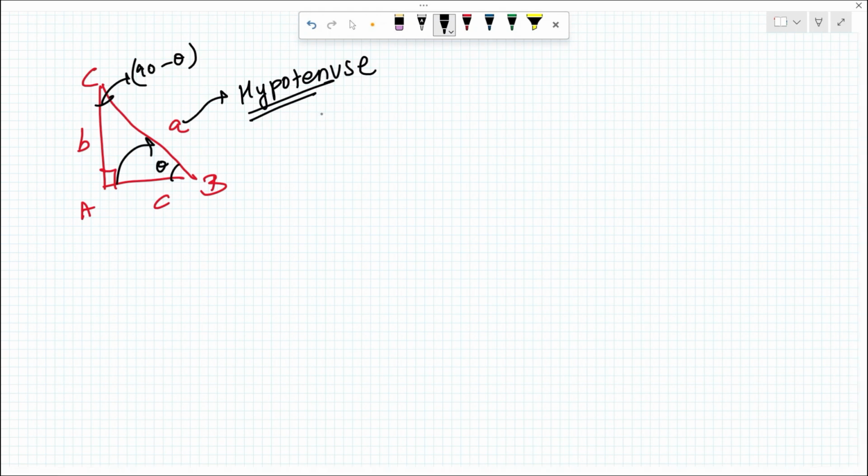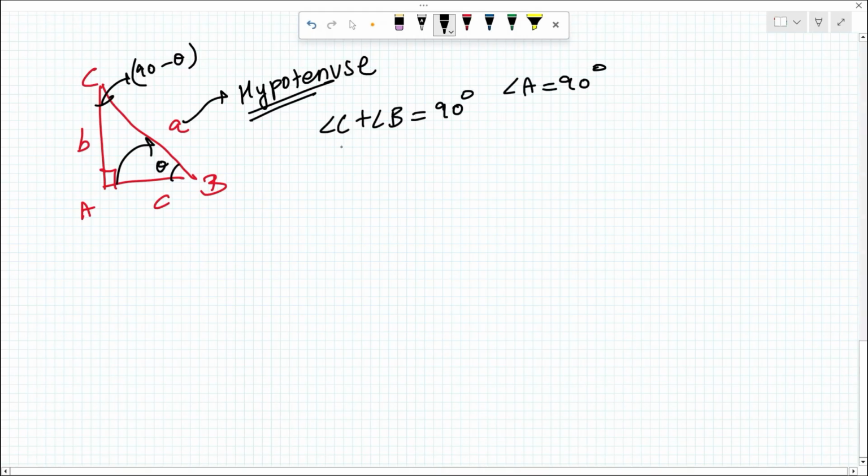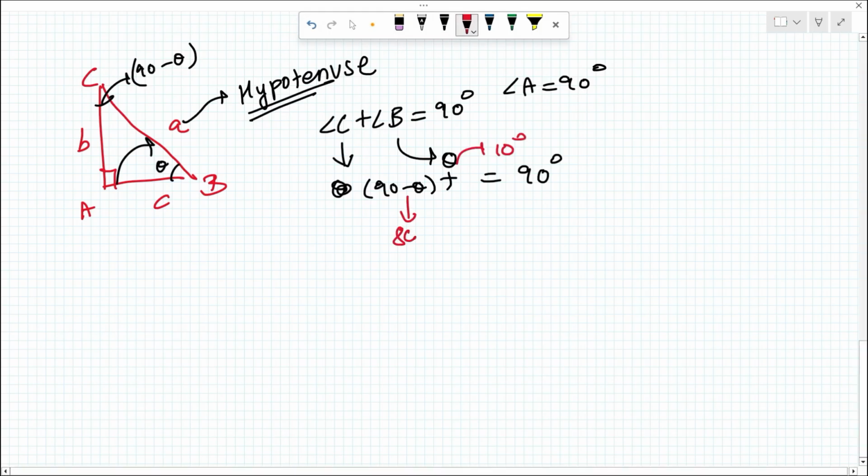Note that angle C plus angle B is 90 degrees, right? Because angle A is 90 degrees. What that means is theta plus 90 minus theta is 90 degrees. If theta is 10 degrees, then 90 minus theta is 80 degrees.